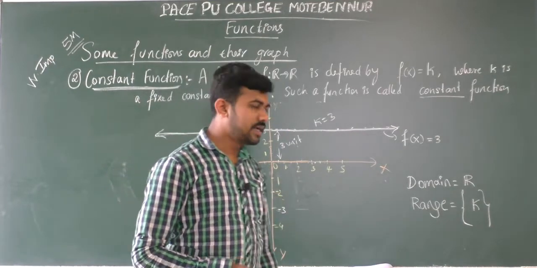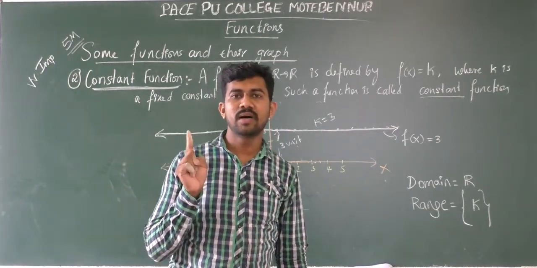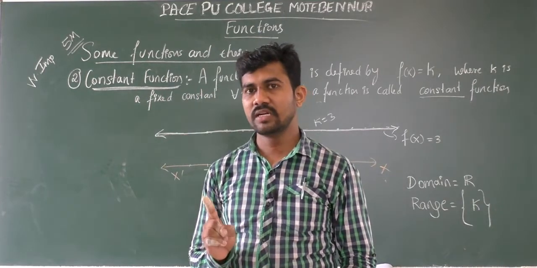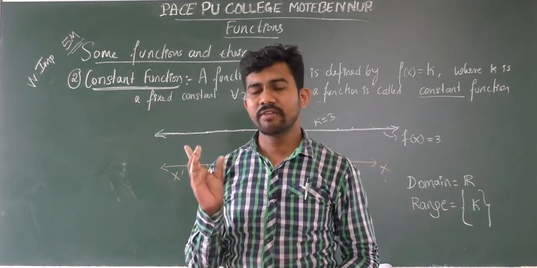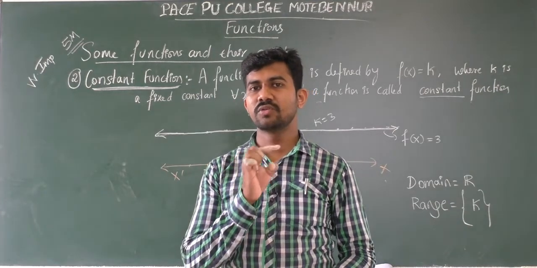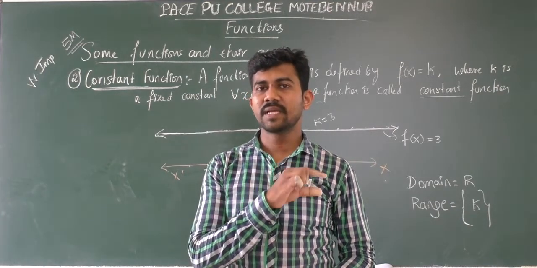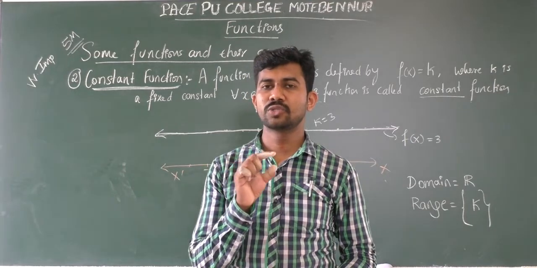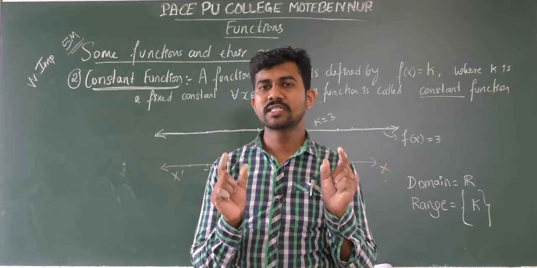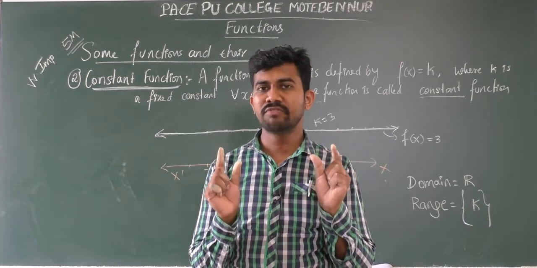Okay, likewise, this is the graph of your constant function. In the constant function, remember, here we are considering a function from R to R such that f of x is equal to k, where k is a fixed constant for all x belonging to R, that is the same nature. Okay, and that function is called a constant function.